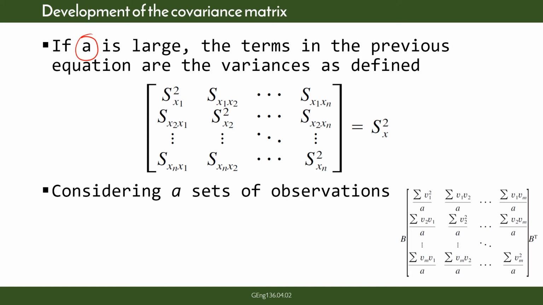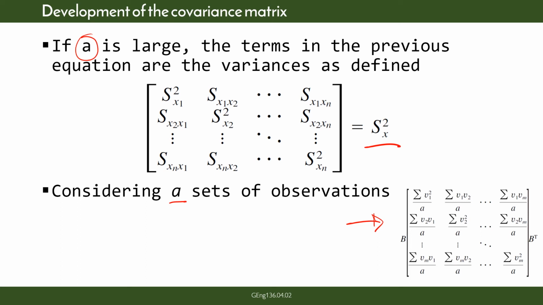So we have this matrix. Considering a number of sets of observations, let's say A times, each time a slightly different solution occurs, yielding different sets of X.